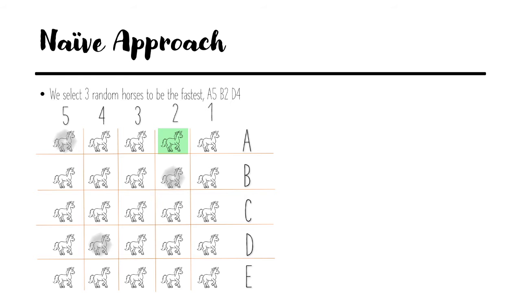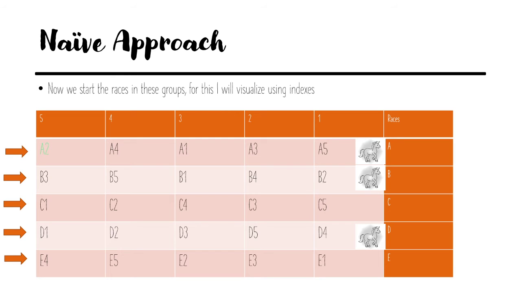Okay, so demonstration. We select 3 random horses here: A5, B2, D4. They were indicated on the map. And then we will use a slightly different representation here, namely a table, so I can shift the order of the horses a lot better, right?